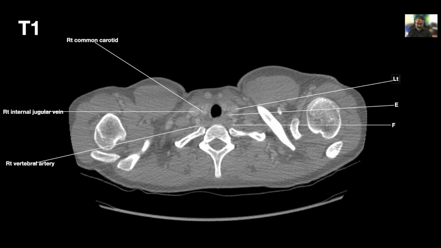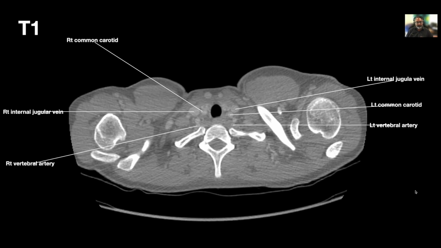Yes. Vein, correct. And E would be the left common carotid. Correct. And then F would be the left vertebral artery. Correct. And can you see the vein? Yeah, just slightly ahead. And that is it. Excellent. All right, and that's it.